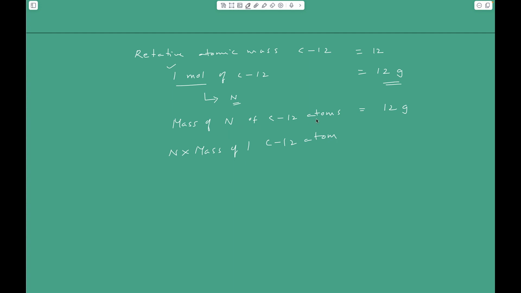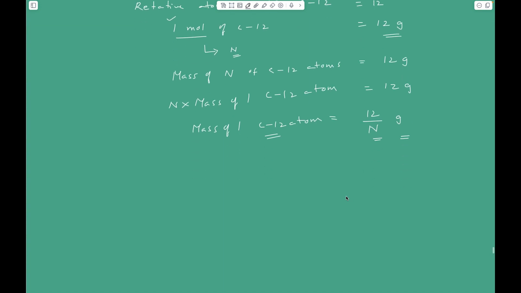Mass of N C12 atoms is nothing but N times mass of one C12 atom, and that is equal to 12 grams. Then if you take the Avogadro's number to the right hand side, you will have mass of one C12 atom on the left hand side, and on the right hand side you will have 12 over N grams. So this is the mass of C12 atom in grams, and here capital N is Avogadro's number.